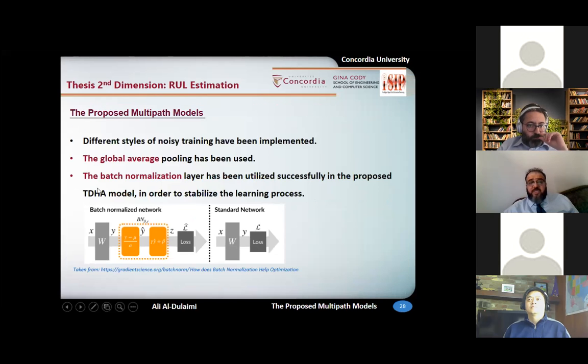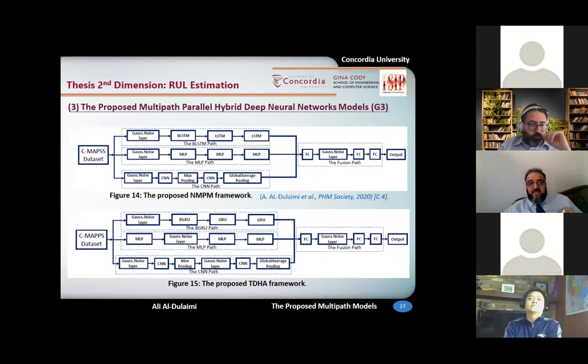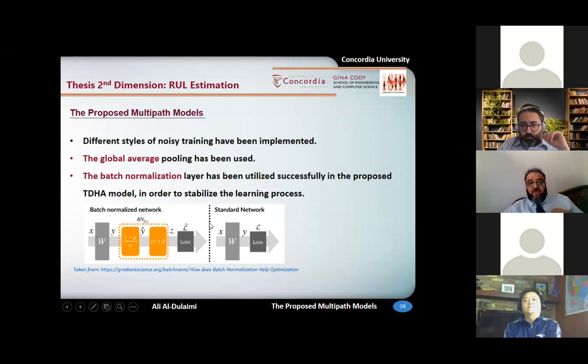And we also used batch normalization successfully as a standalone layer in the last proposed model, the DDHA, between the bidirectional GRU layer and the first GRU layer, to normalize the data and to stabilize the learning process.